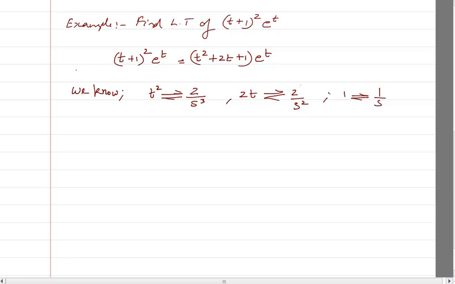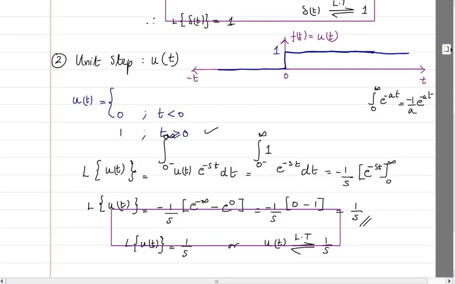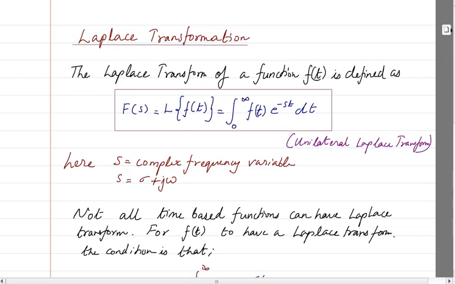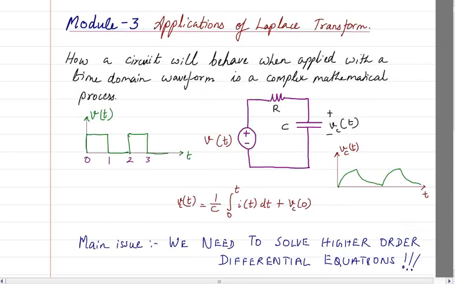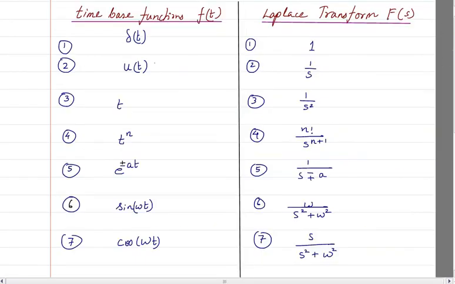Now you might be asking how 1 has become 1 by s. See, we are always considering t greater than 0 in all the problems. Sorry, t greater than 0. So it is as good as writing u of t here.